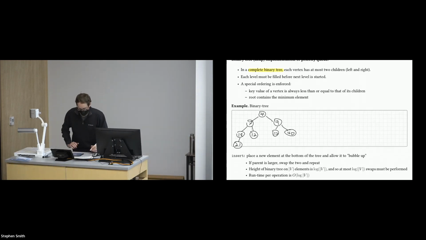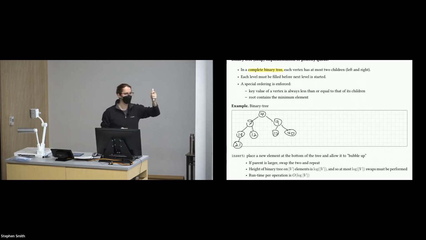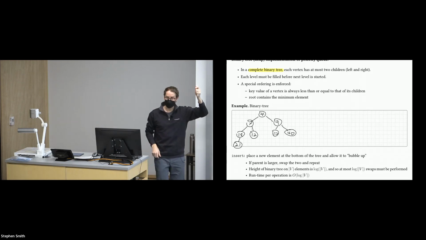If I want to insert a new element into this tree, I'm just describing it at a high level here. There are definitely some implementation details to work out. All I do is place it in an open spot on the bottom layer, and then I bubble it up the tree. So I check, is it smaller than its parent?